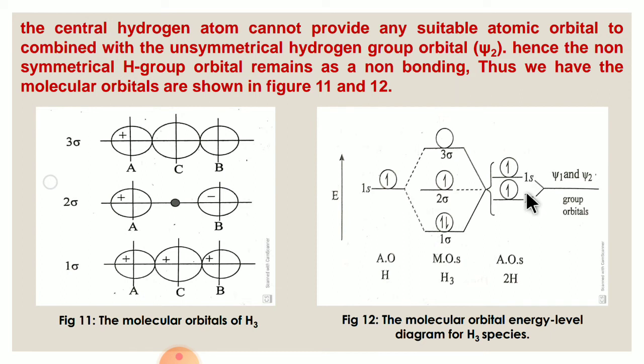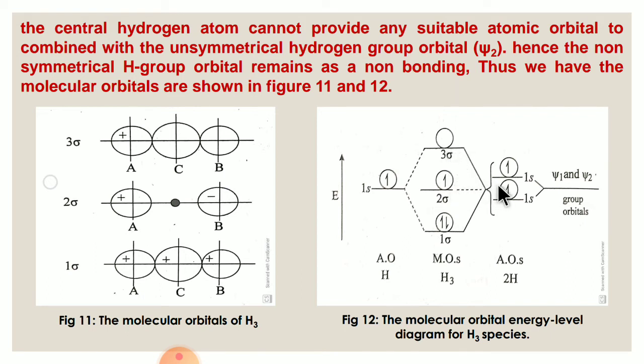These two atomic orbitals of 2 hydrogens combine to form ligand group orbitals, and these ligand group orbitals further combine with the 1s atomic orbital of HC. They form 2 molecular orbitals, 1 sigma and 3 sigma, that is bonding and antibonding. The bonding molecular orbital is filled with 2 electrons, but the antibonding molecular orbital remains empty.